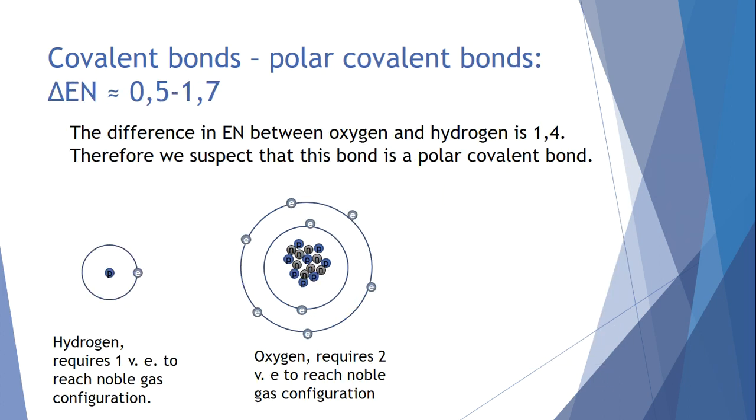Let's look at what happens if we have a larger difference in electronegativity. For example, somewhere between 0.5 and 1.7. Remember, above 1.7 we have ionic compounds.